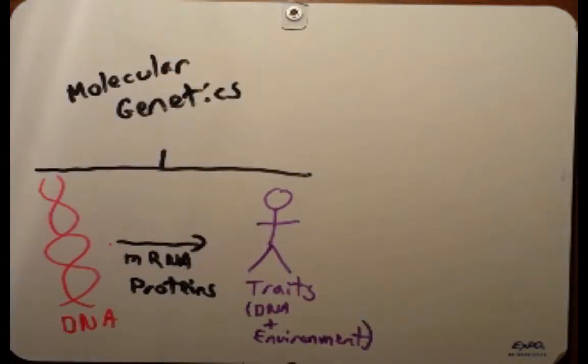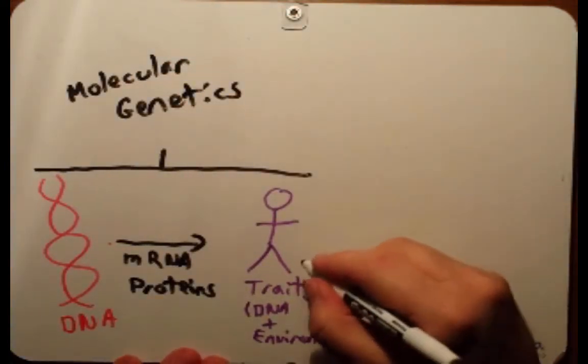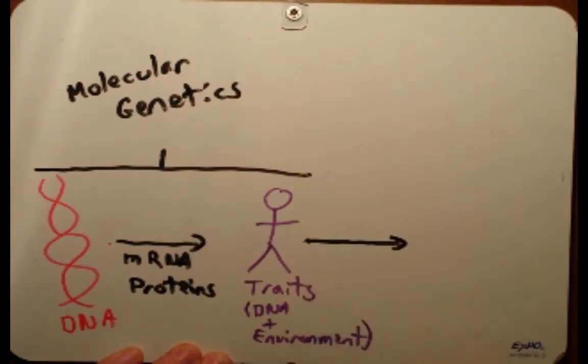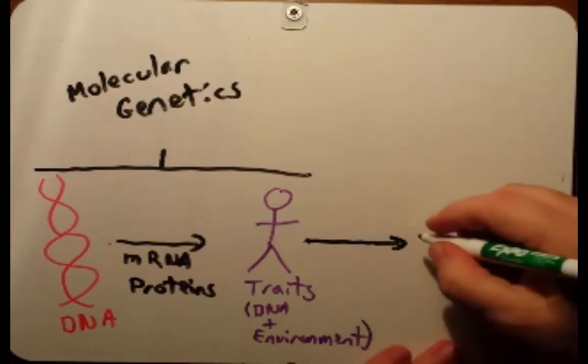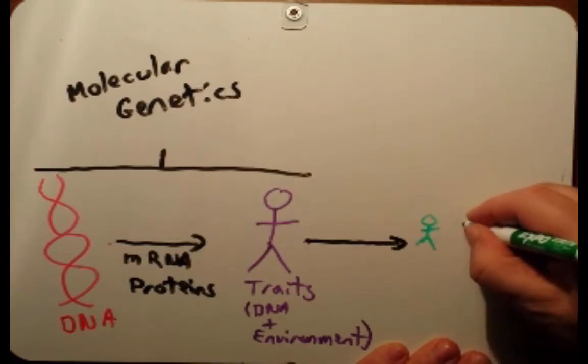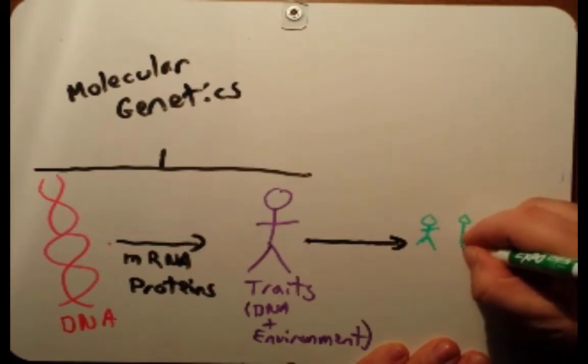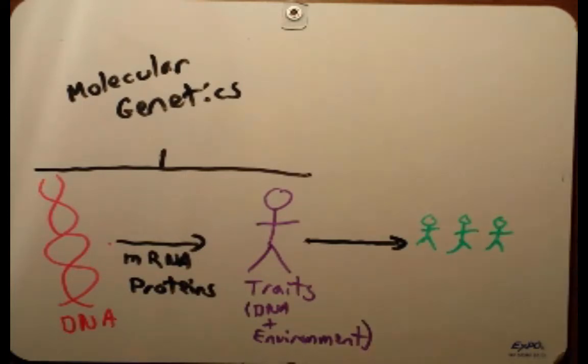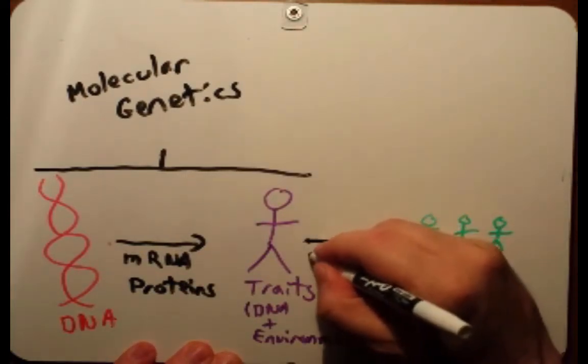The next thing we're going to be interested in is how the traits from this organism, in this case a stick figure, are passed on to the next generation. So let's draw smaller stick figures to indicate progeny that are produced. And so let's write inheritance here.